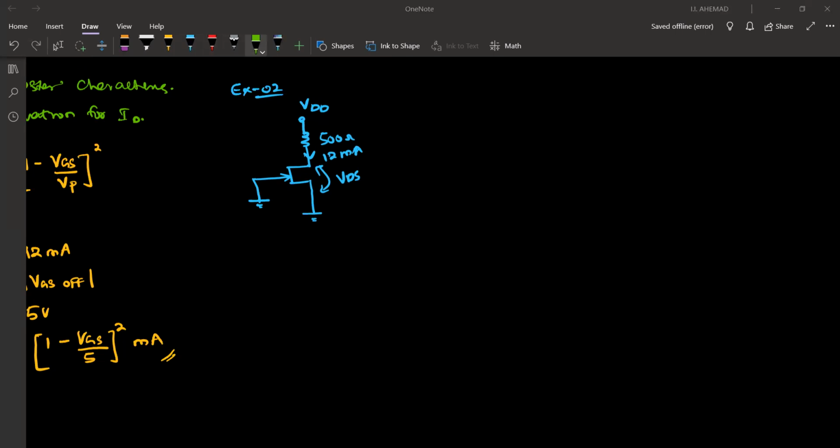So the question is to find the minimum VDD to put the FET into the constant current region.